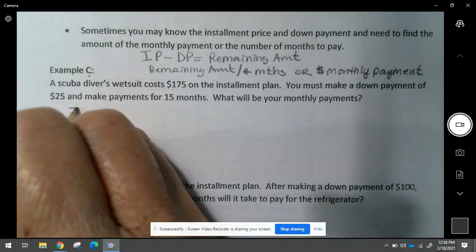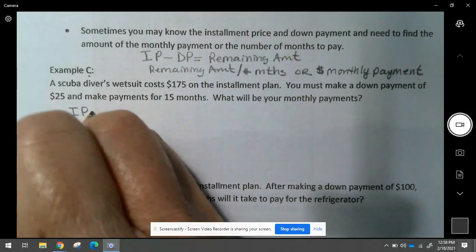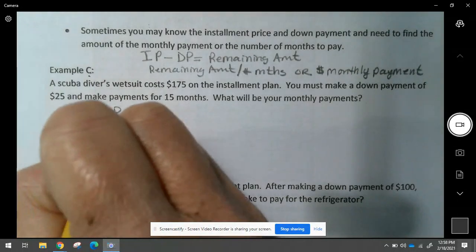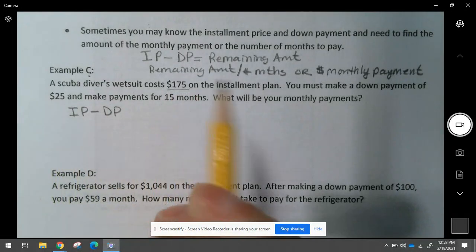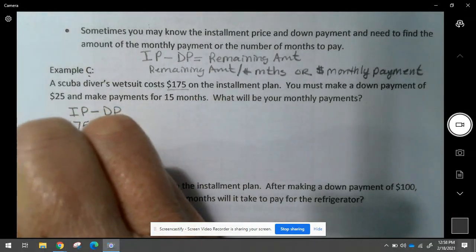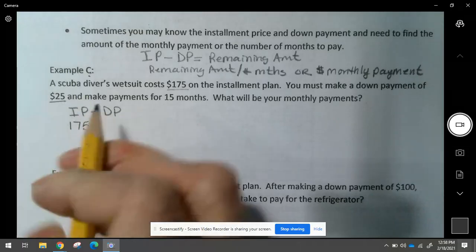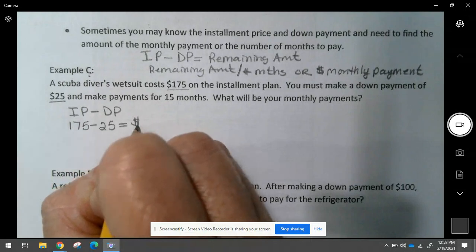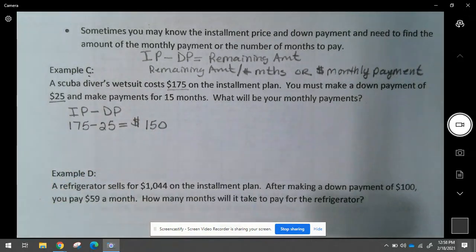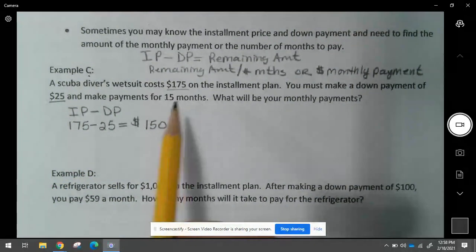All right, so we're going to take our installment payment, subtract our down payment. So our installment payment right here, $175 minus the down payment of $25 gives us a total of $150. And we know the time.